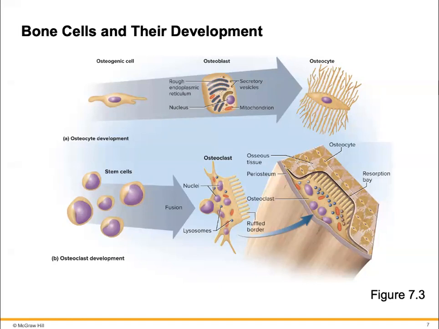So as you're looking at this, the osteoclast's job is to help with remodeling of our bone. And if our blood calcium levels get too low, they get stimulated to break down the bone to release some calcium. And the integrity of the bone itself is based on the balance between osteoblast activity and osteoclast activity.